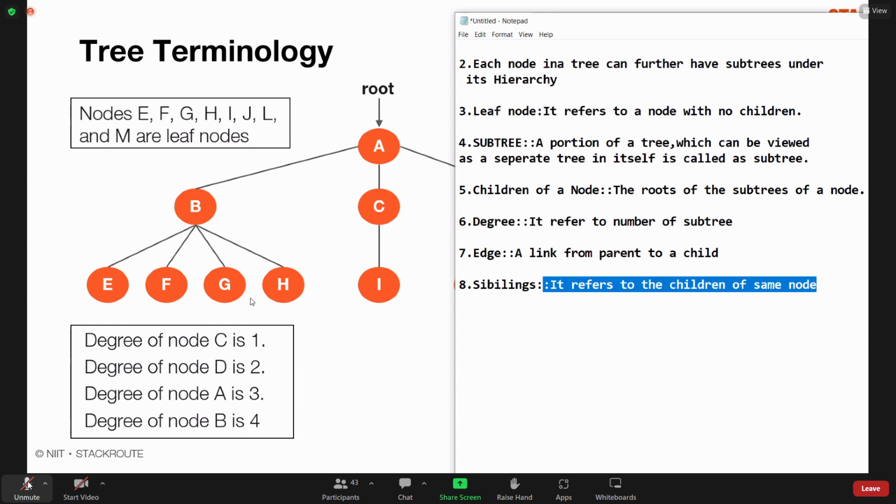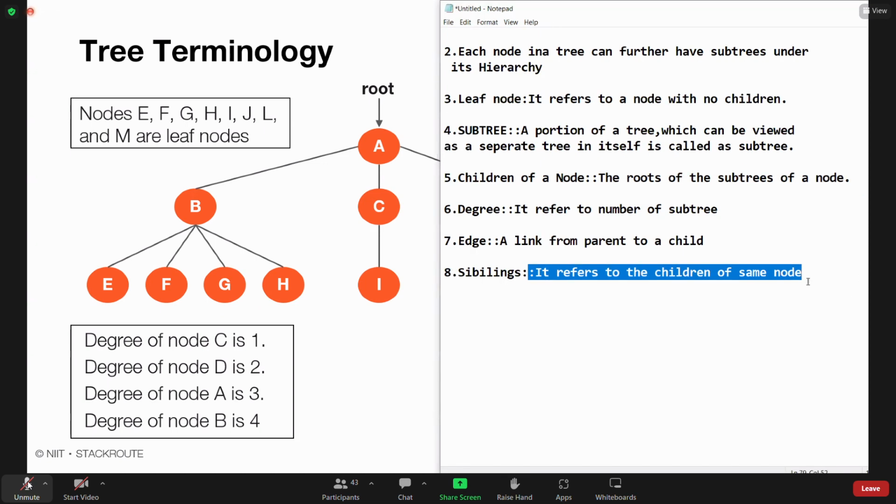For example, E, F, G, H are siblings. J, K are siblings. Sibling nodes are children of the same parent. Ma'am, an edge is the line between A and B, which we have drawn.